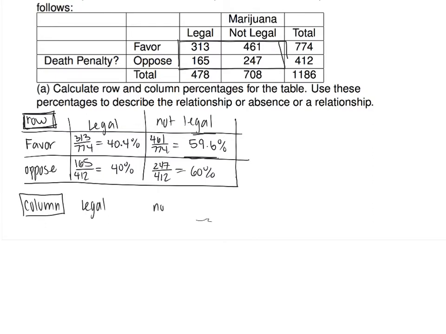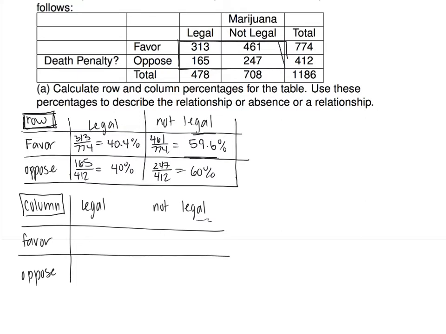So legal, not legal, favor, oppose the death penalty. Now our total is the column.